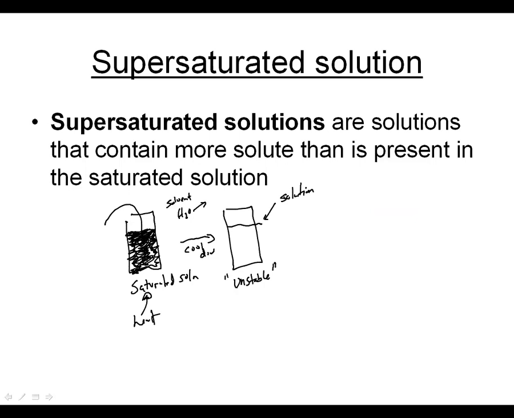But most of the time what people will do in this experiment is they will take that little bit of the solid and drop it in. And as soon as you drop that one little seed crystal of that solid that's already dissolved in there, the solution is going to realize, whoa, we have way too much solid dissolved in here.